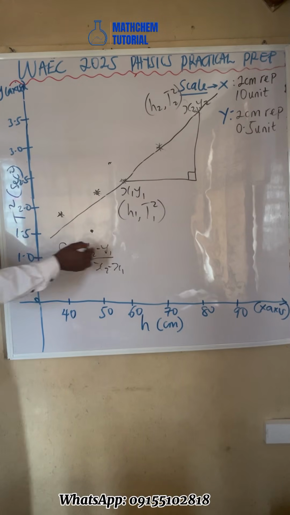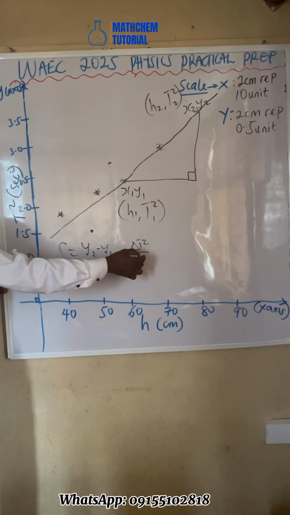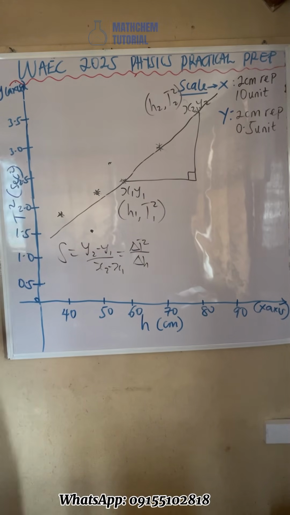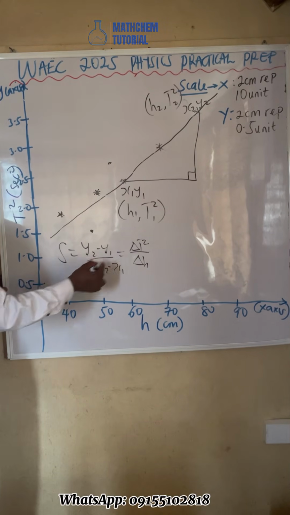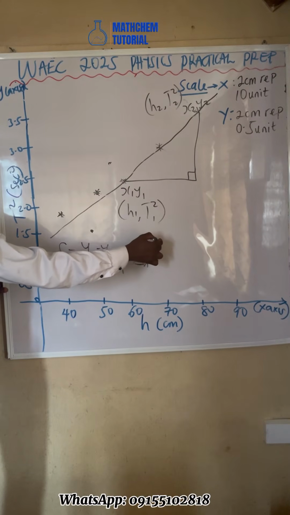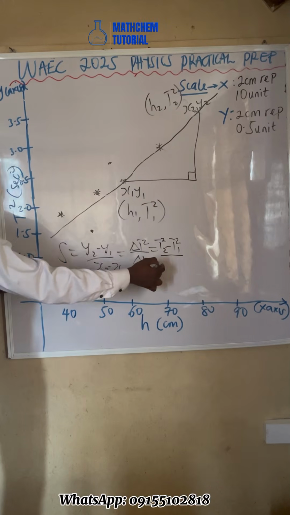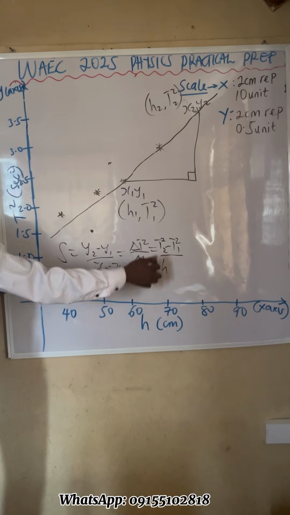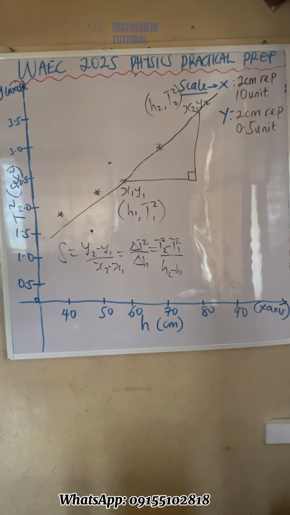So we will just say change in t square all over change in h. That's all. So t square 2 minus t square 1, all over h2 minus h1. That is how it is going to look.